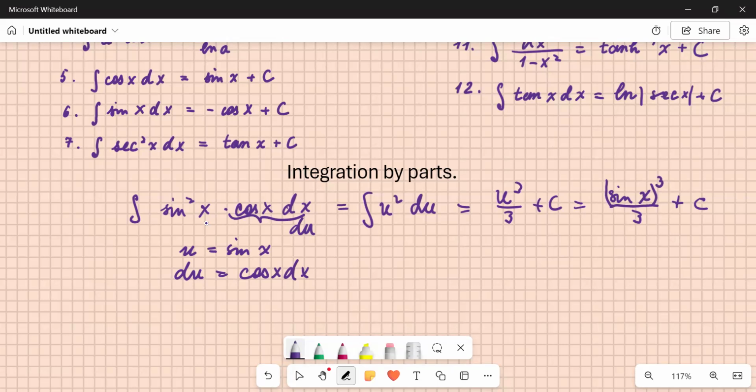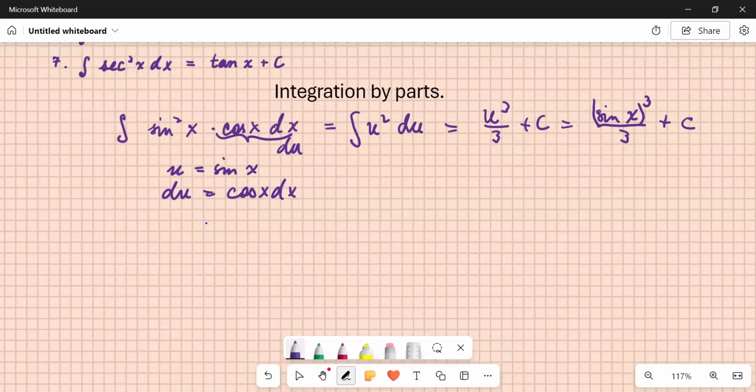So when you see something like this, you guess that probably this rule was used, and we reverse it by making a substitution for the inner function and then going back to the outer function. So the substitution rule inverses differentiation of a composition, right? Integration by parts is going to inverse the product rule. Let's see how it works. So let's write down the product rule.